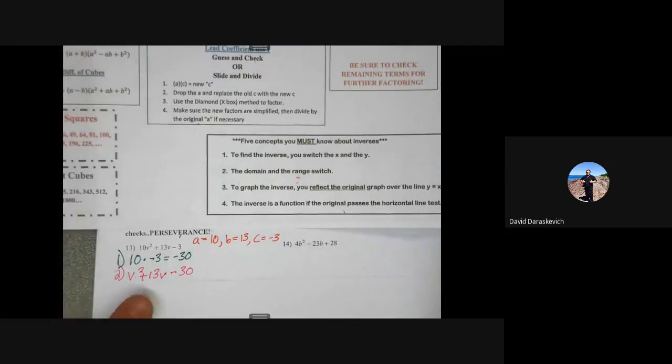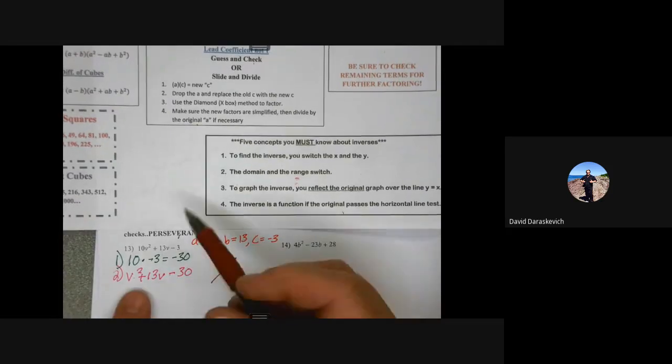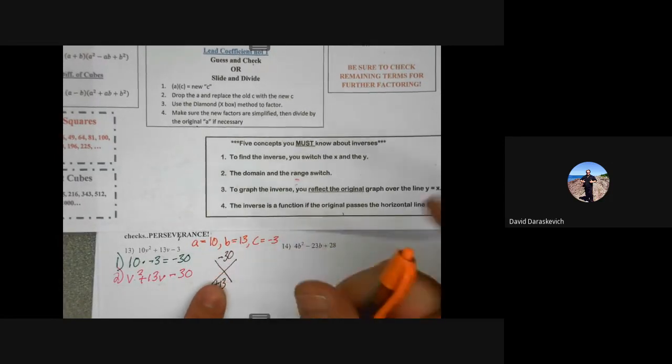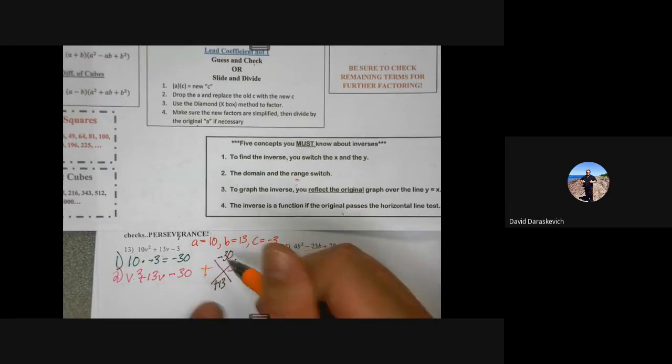Okay. Now, I can use the Xbox thing here. This time my A is 1, my B is 13, and my C is negative 30. That's a negative, so I'm going to have different signs. I'm going to have a positive times a negative to get a negative.